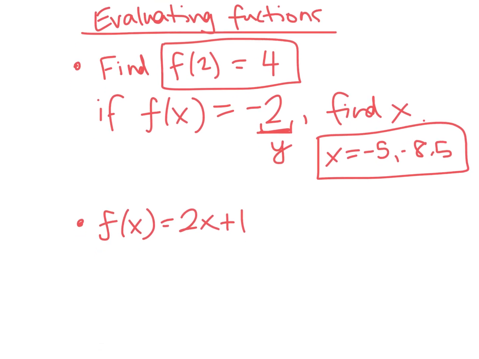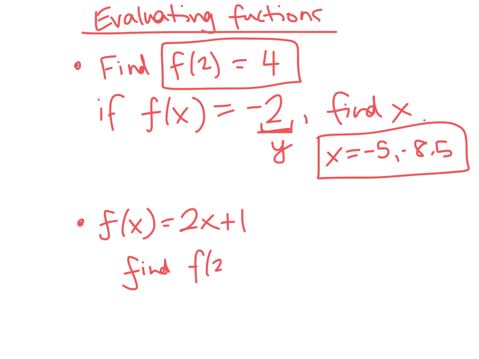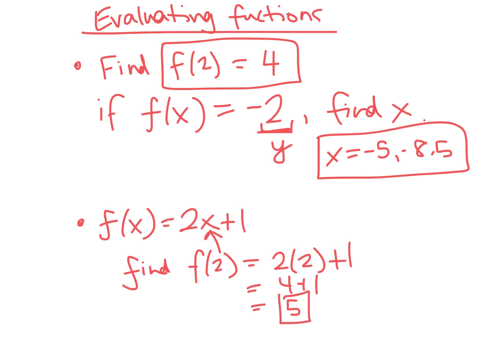Let's say it asks us find f of 2, and then all we would do is put the 2 over here where the x is. So we go 2 times 2 plus 1, which is 4 plus 1, which is 5. You just plug in the value in the parentheses of the x value into the equation.